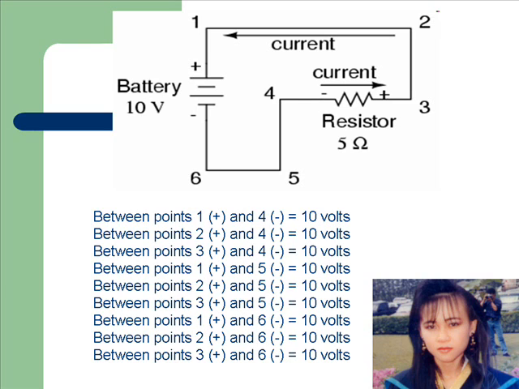We can mark the polarity of the resistor's voltage drop with these negative and positive symbols in accordance with the direction of current. We could make our table of voltages a little more complete by marking the polarity of the voltage for each pair of points in this circuit.